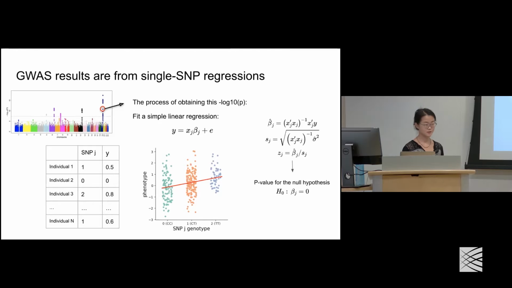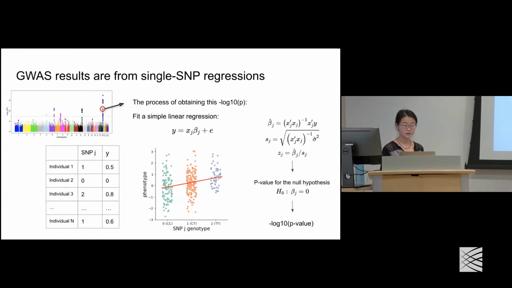You divide the beta j hat by the standard error to produce a z-score, and then from there you can compute a p-value, and the smaller this p-value is, the more associated the variant is to the phenotype. And for visualization purposes, you flip that around to take a negative log 10 of the p-value, and that means the bigger this number is, the more associated the variant is to the phenotype.